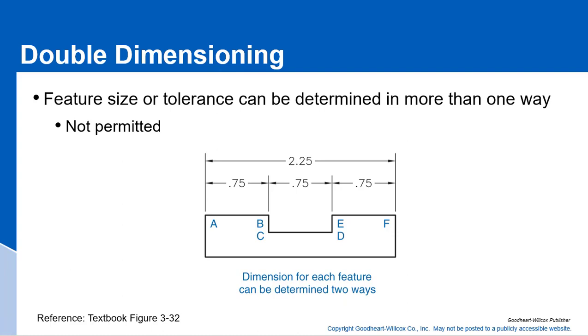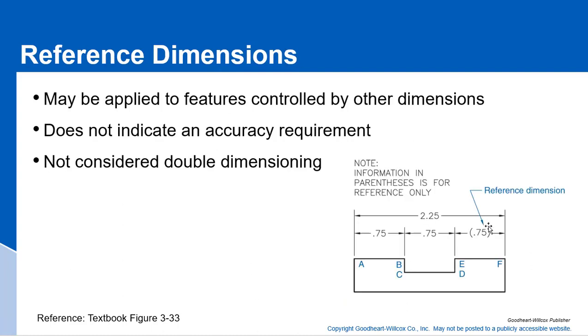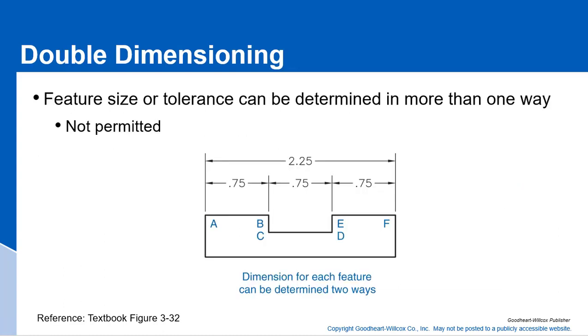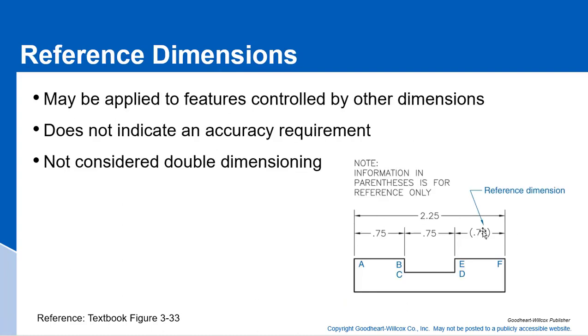So we fix this condition by placing a reference dimension on one of the features. And once we do that, it's not considered double dimensioning. This one is considered double dimensioning, but this one over here, where we put the reference dimension, is not double dimensioning.